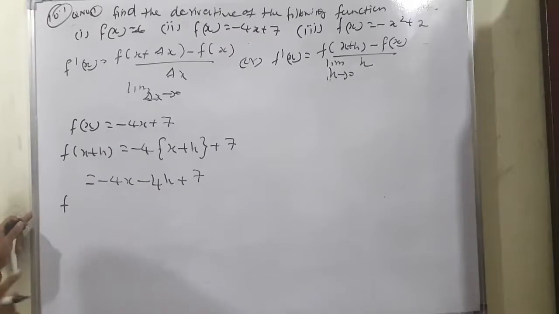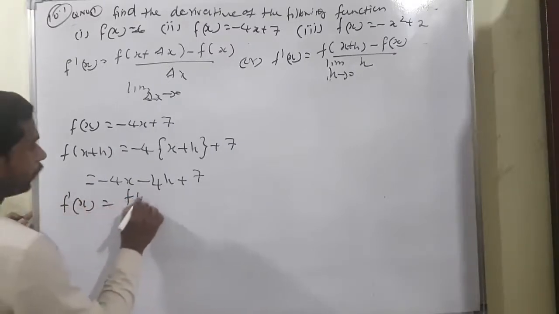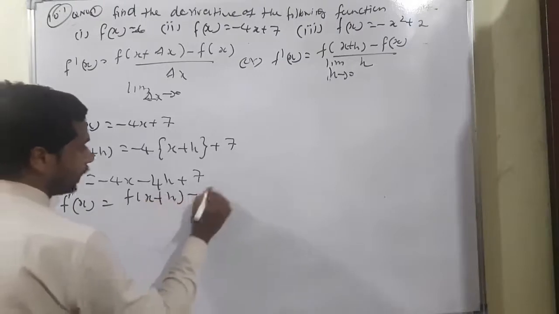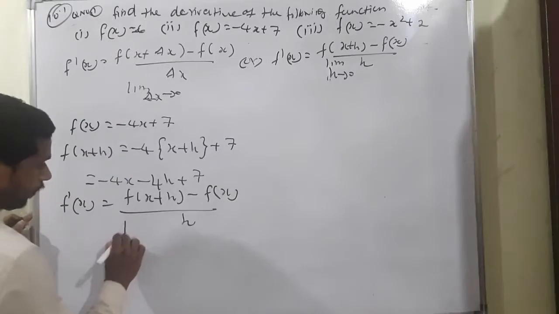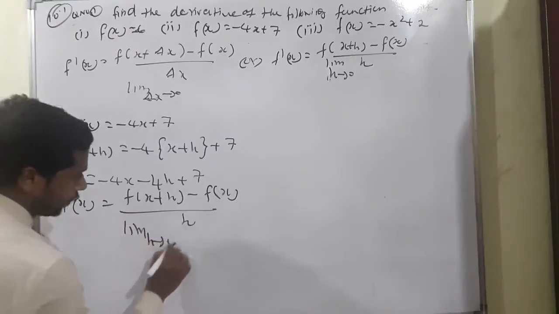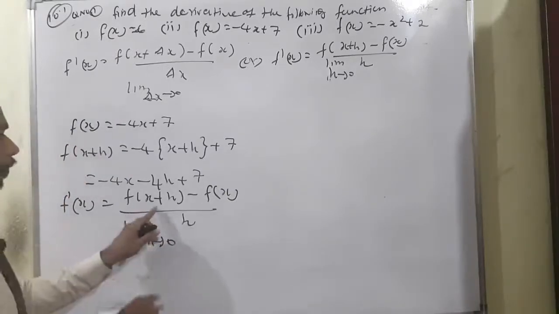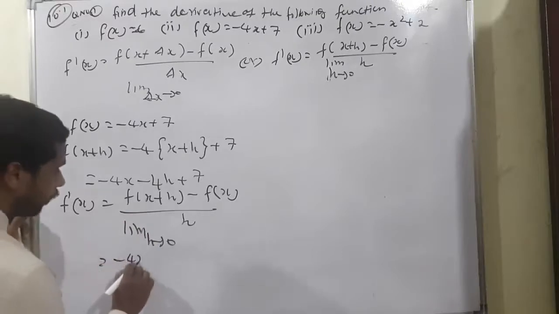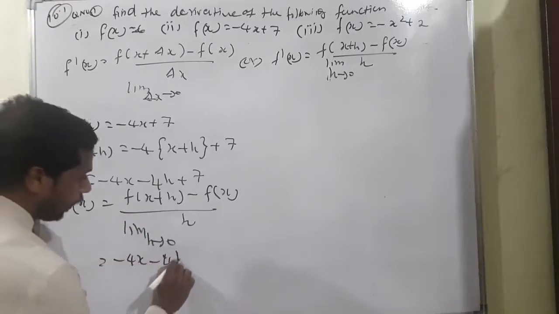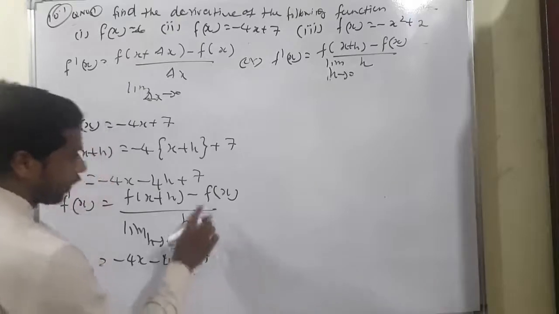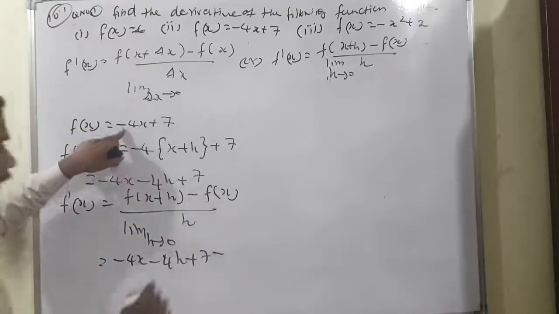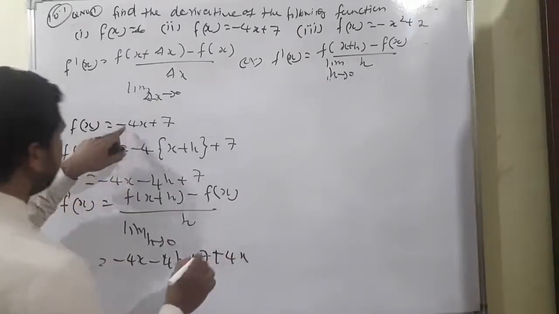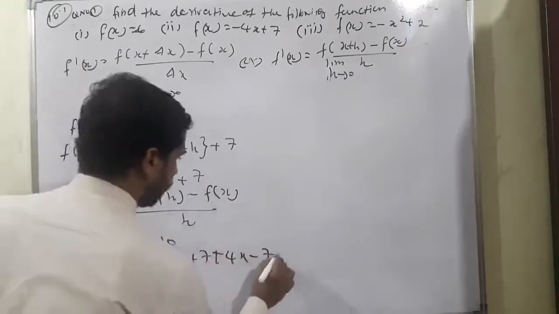Next, after getting f of x plus h, then apply the main formula f dash of x. That is called first principle, okay. So f dash of x is equal to f of x plus h minus f of x divided by h, where limit h tends to 0. Already we found f of x plus h is equal to minus 4x minus 4h plus 7, minus f of x. Minus of f of x means minus into minus, positive 4x, and plus into minus, minus 7.